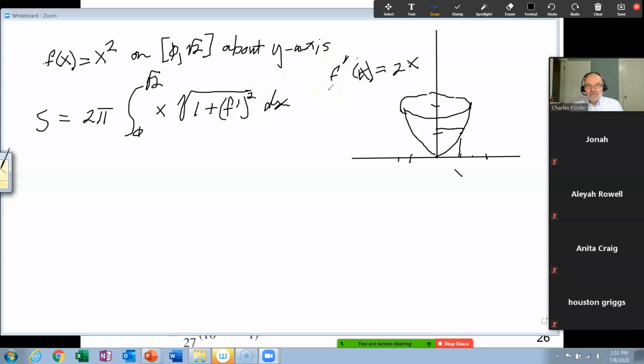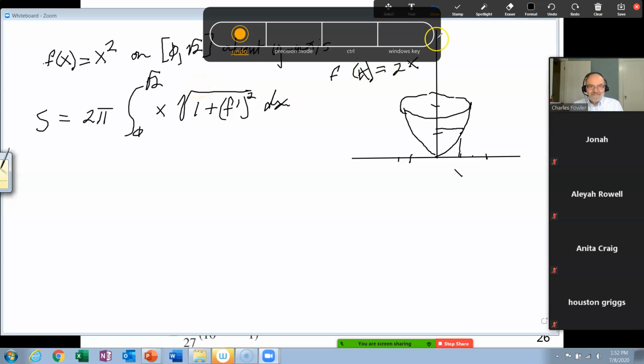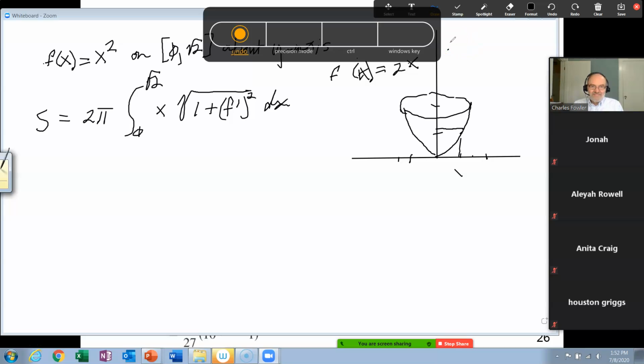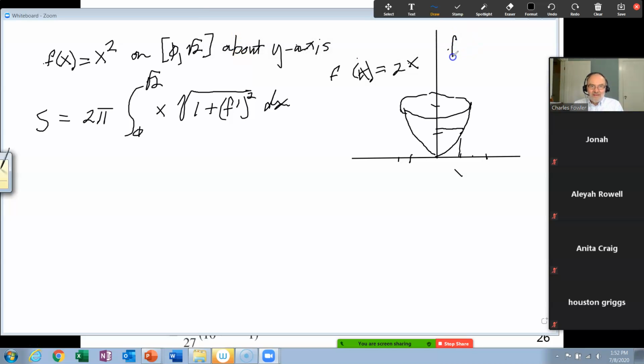Alright, so squaring that, f prime of x squared is equal to 4x squared.